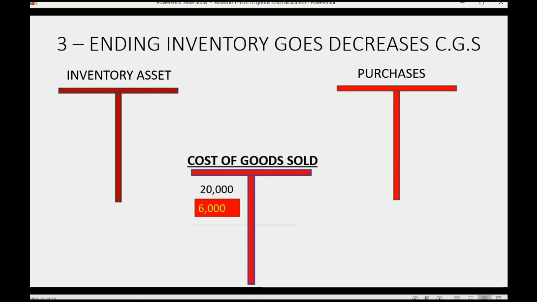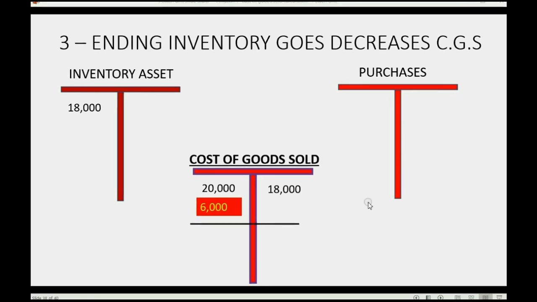So that's why it goes on the credit side of cost of goods sold, because it gets subtracted. And of course the balancing debit goes into the asset account inventory, so that now is the ending inventory of this month, and now going into the next month, the inventory account reflects what's the beginning inventory in the new month.